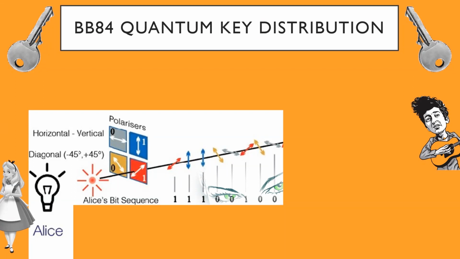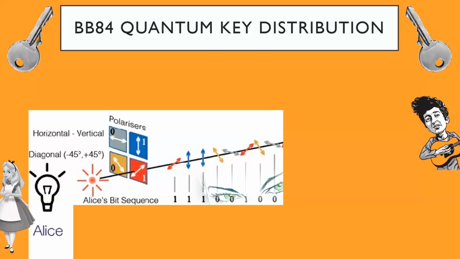The protocol starts with Alice sending, for example, some arrows, the same that we saw before, which are, for example, the polarization of light. So we have horizontal, vertical arrows, diagonal and anti-diagonal. As you can already imagine, the diagonal one will be in a superposition for the horizontal-vertical basis and vice versa.